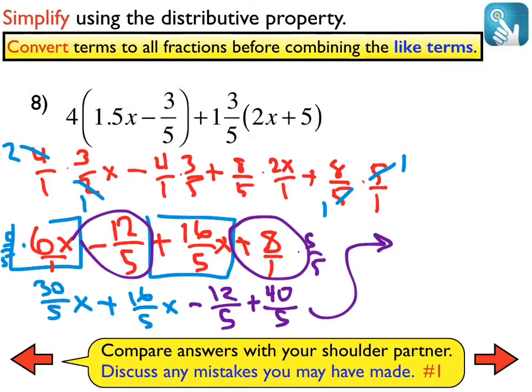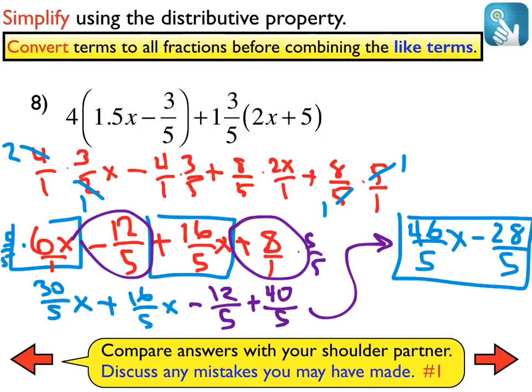What is 30 plus 16? 46 over 5x. And then, what is negative 12 plus 40? 28 over 5.